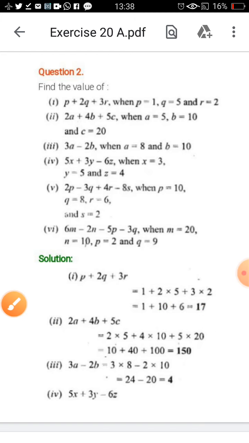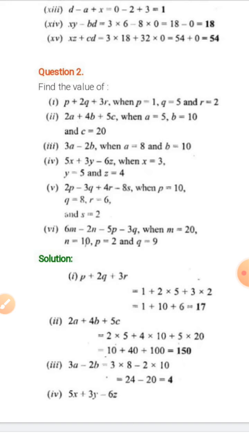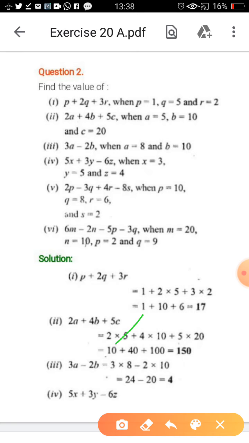So 2 into 5 is 10, 4 into 10 will be 40, 5 into 20 will be 100. Then take the addition, which will be 150. So we got the answer.